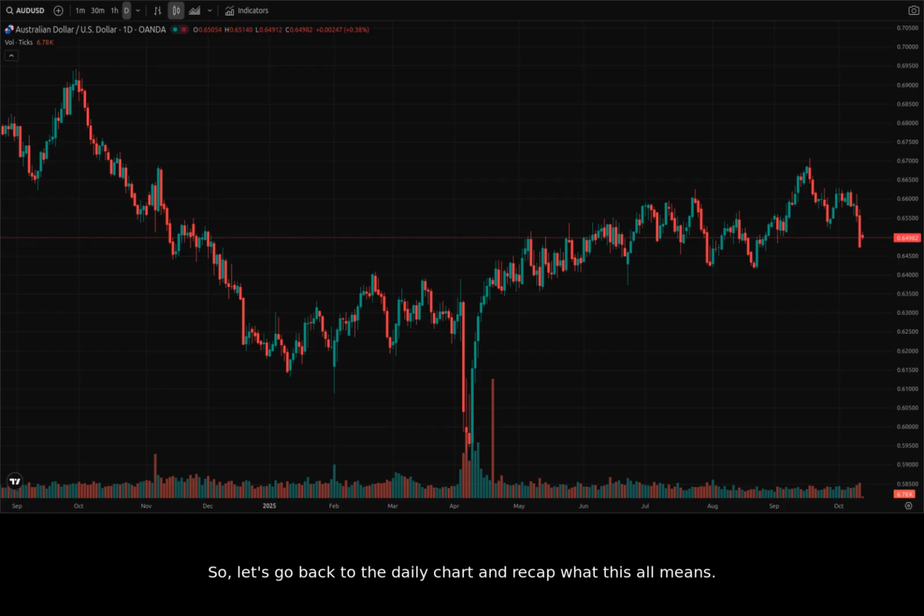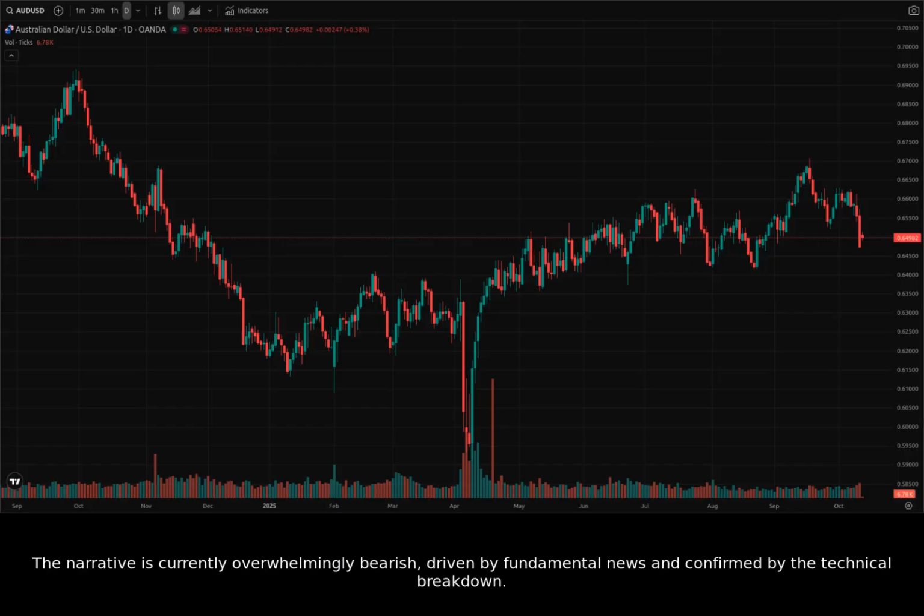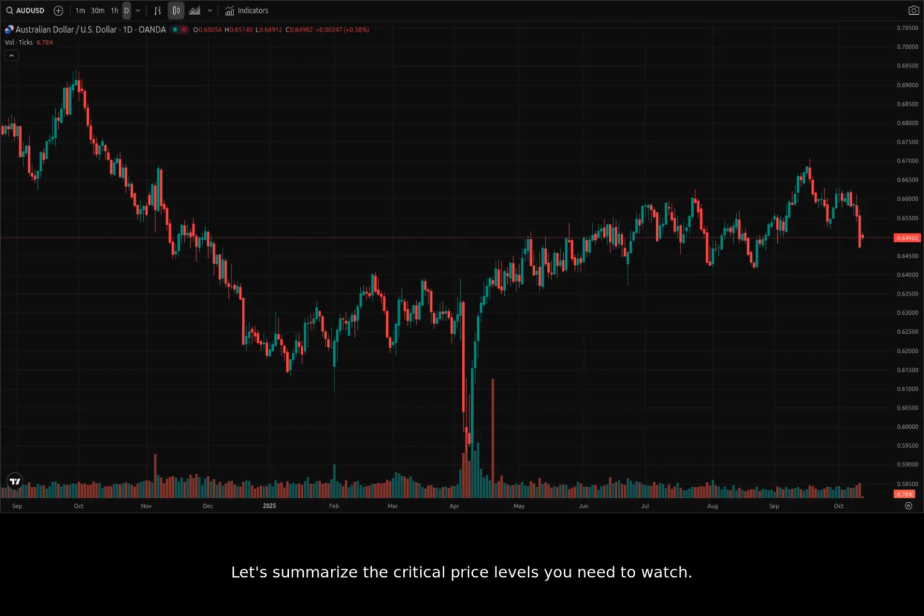So, let's go back to the daily chart and recap what this all means. The narrative is currently overwhelmingly bearish, driven by fundamental news and confirmed by the technical breakdown. Let's summarize the critical price levels you need to watch. The most immediate and crucial support zone is right where we are, between 0.6477 and 0.6483.